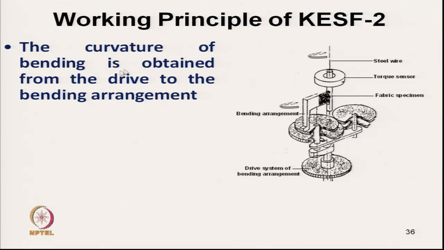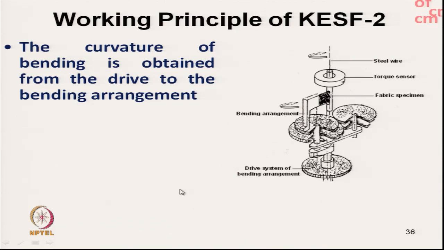The curvature of bending is obtained from the drive to the bending arrangement. Here it is a drive arrangement, and from the gearing arrangement of this drive we can calculate the bending angle, the total curvature.